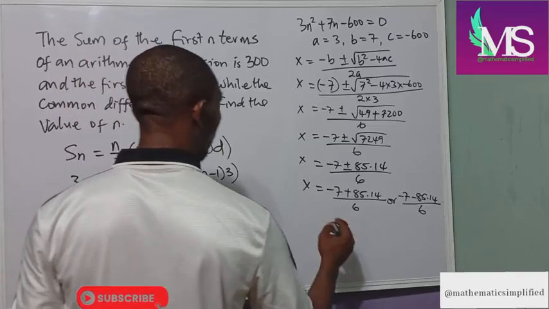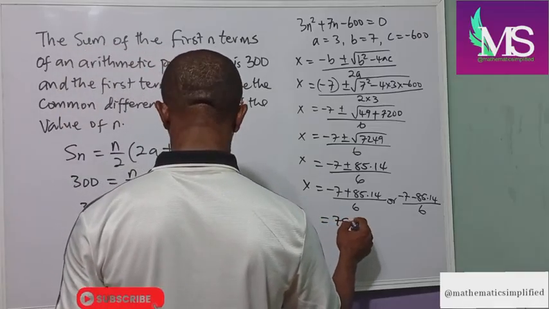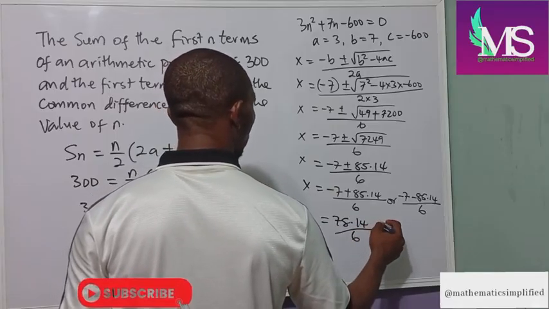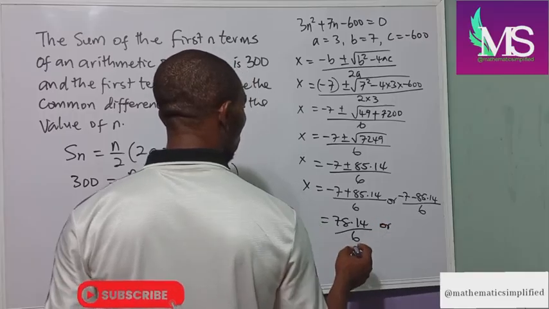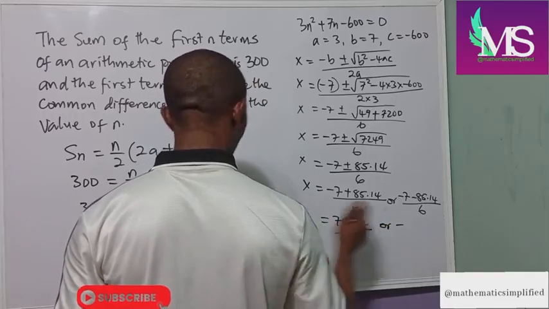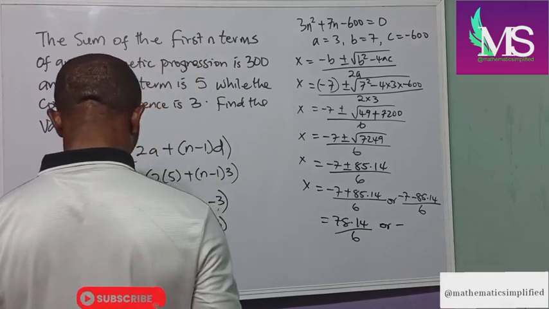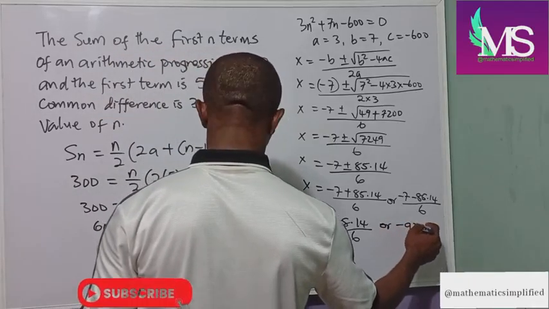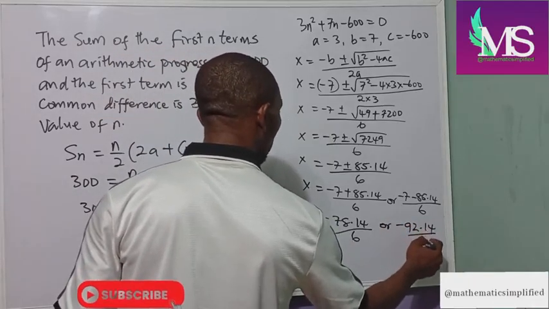Now, 85.14 minus 7 will give us 78.14 all over 6. And the other will give us minus 85 plus 7, 92.14 over 6.